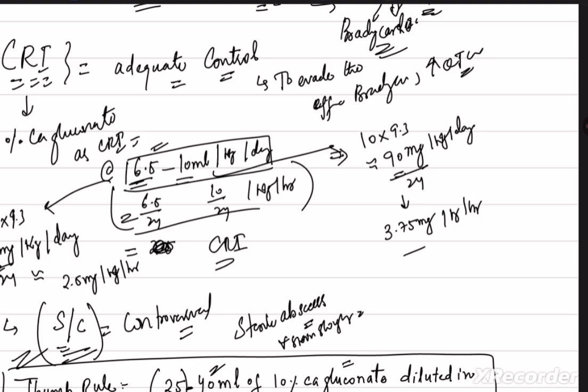One more thing that is mentioned in the books is dihydrotachysterol. This is also vitamin D, and it can also be given at the rate of 0.02 mg per kg body weight per os.